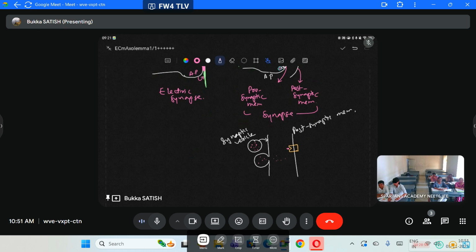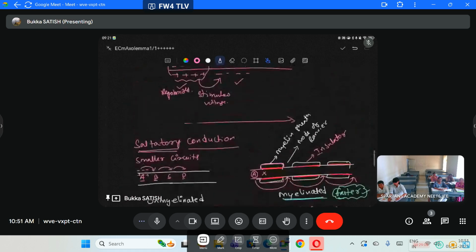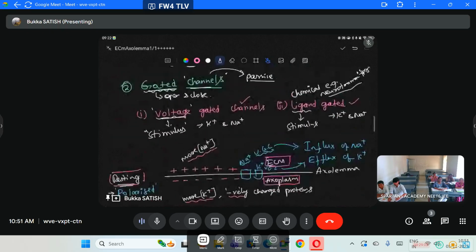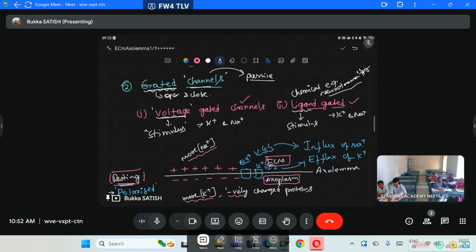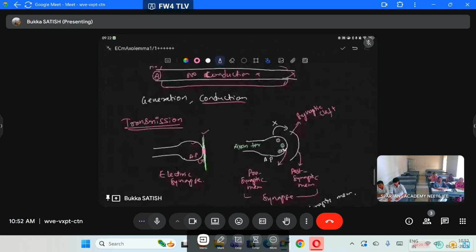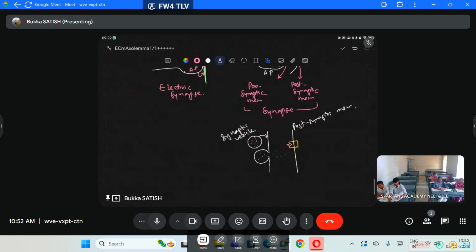Right, in the discussion that we were having, I told you there are two different types of channels, ligand gated channels and voltage gated channels. So this membrane consists of ligand gated channels.